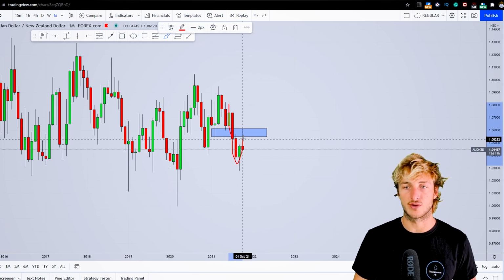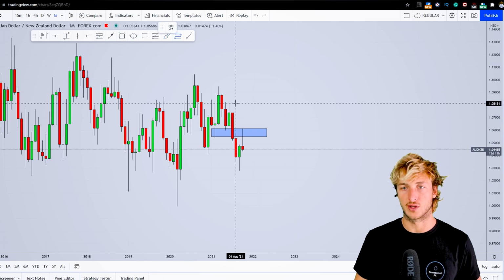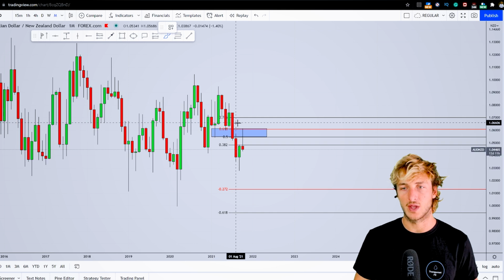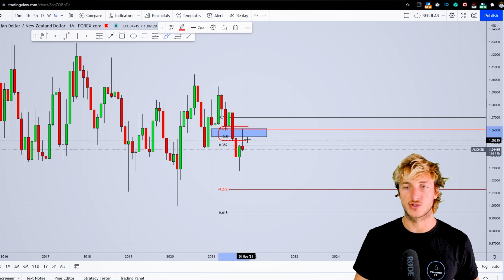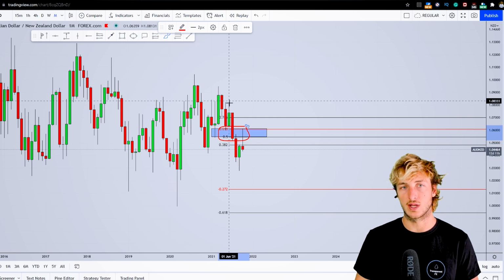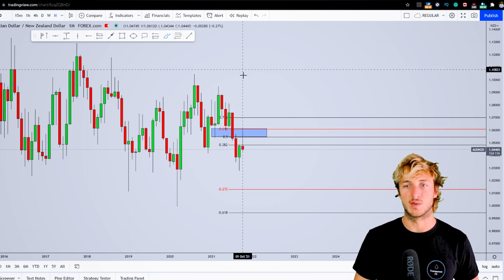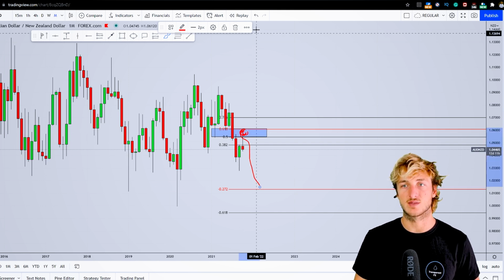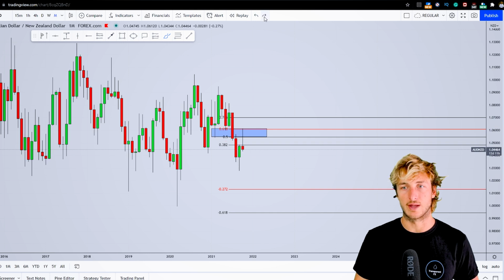Now, in general, after an impulse, if you want to measure the correction, you have to take your Fibonacci from the high to the low of the impulse leg. And we can see how the market here has just retraced to the zone which is in between the 50% and 0.618 of the Fibonacci taken on this monthly impulse, which is a quite strong resistance and supply zone that we can expect the market to reject to the downside.